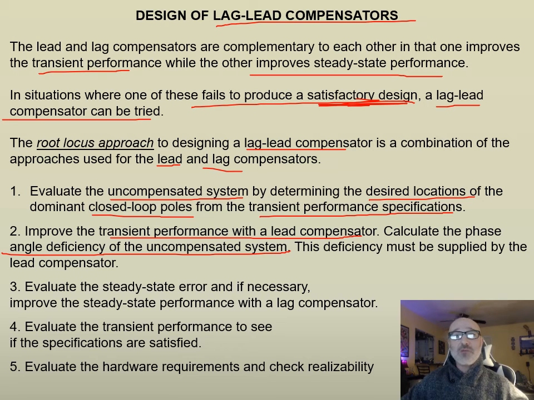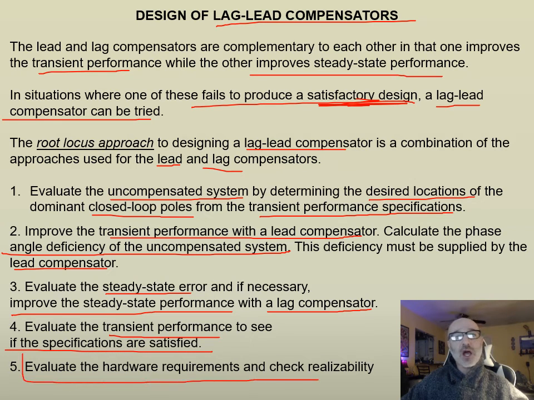This deficiency must be supplied by the lead compensator. Then we're going to evaluate the steady state error, and if necessary, improve the steady state error performance with a lag compensator. Then we're going to evaluate the transient performance to see if the specifications are satisfied, and lastly, we're going to evaluate the hardware requirements and check the reliability.